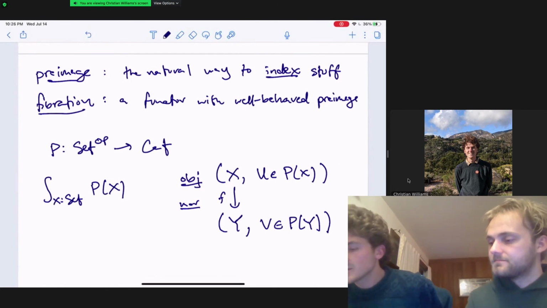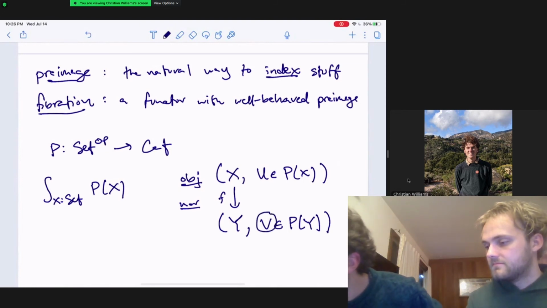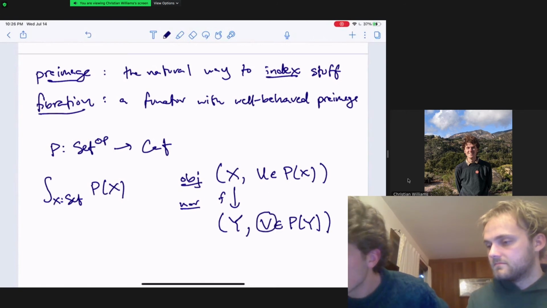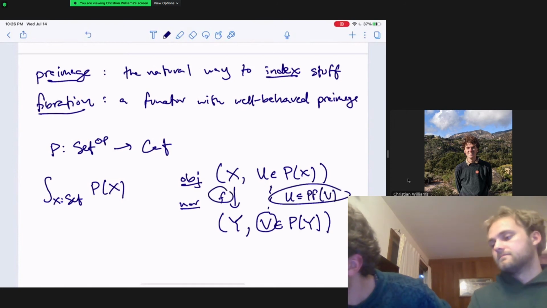Right now they can't relate, so you have to transfer one to the universe of the other, and then you require that U is contained in the preimage of V. That's a morphism.